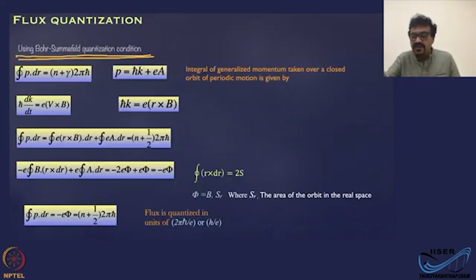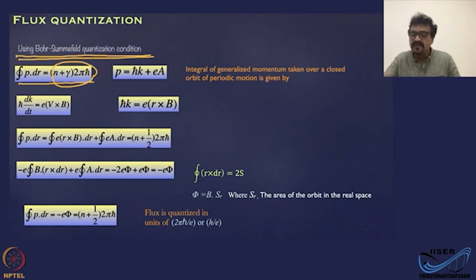Now let's look into the flux quantization which is used by Bohr to explain the atomic structure or shell structure of the atoms, the stationary states for electrons in an atom. The Bohr-Sommerfeld quantization condition says that the integral of the generalized momentum taken over a closed orbit is quantized this way.